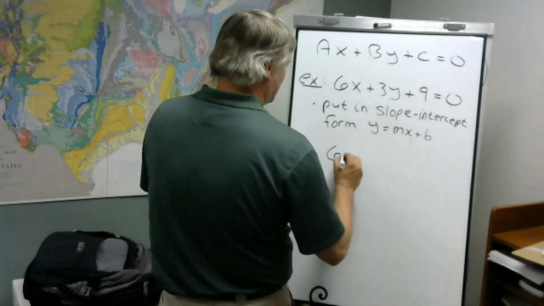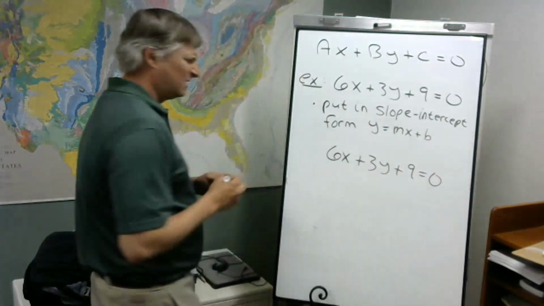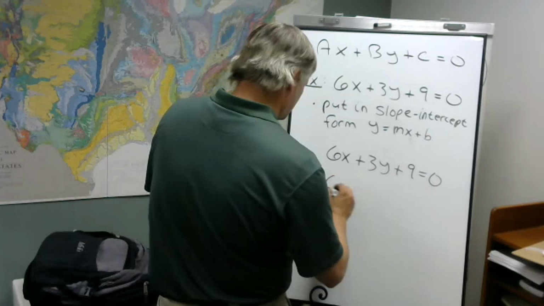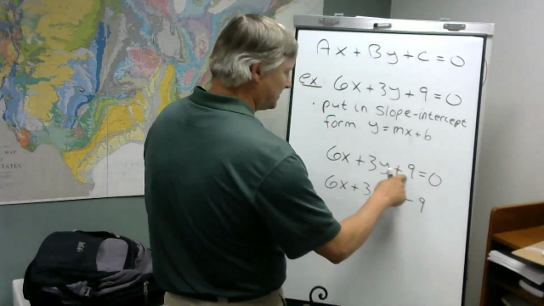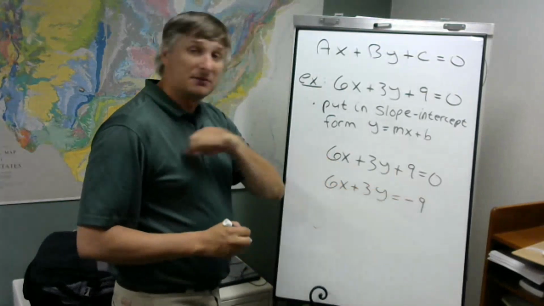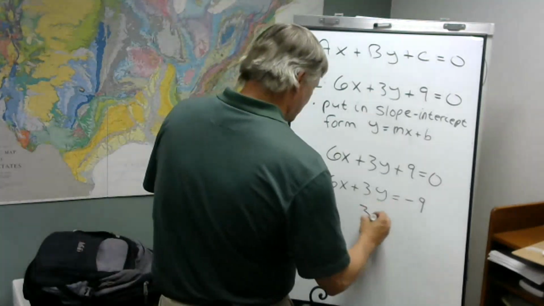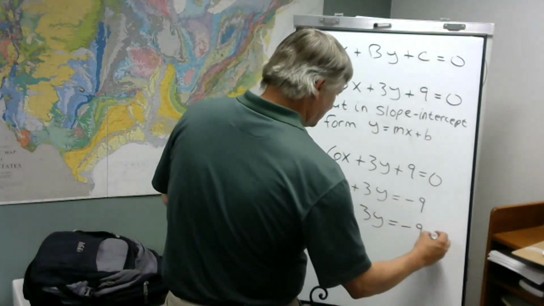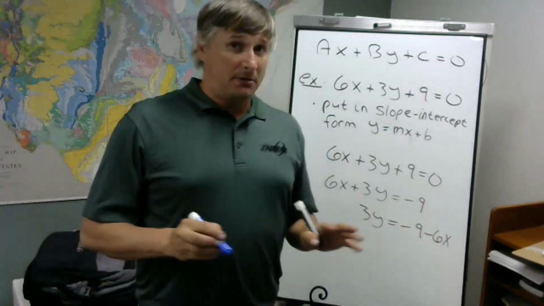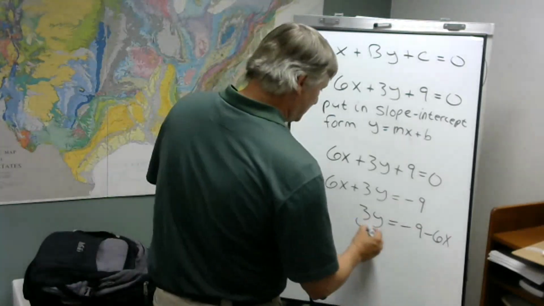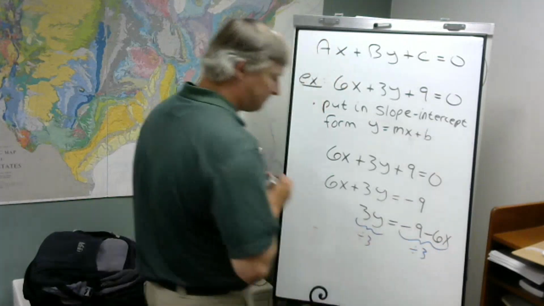So we have 6x plus 3y plus 9 equals 0. Subtract 9 from both sides. 6x plus 3y is negative 9, because 9 minus 9 is 0. 0 minus 9 is negative 9. Subtract 6x from both sides. 3y is minus 9 minus 6x. Finally, divide both sides by 3. We're dividing this entire side by 3.